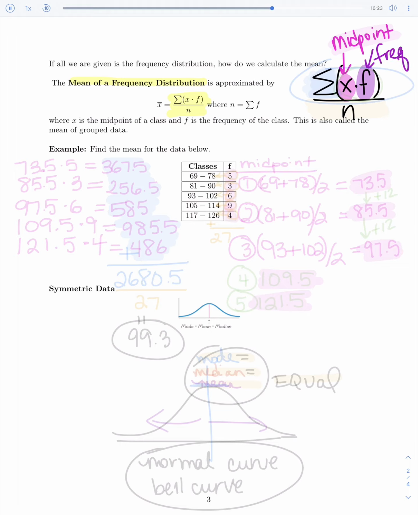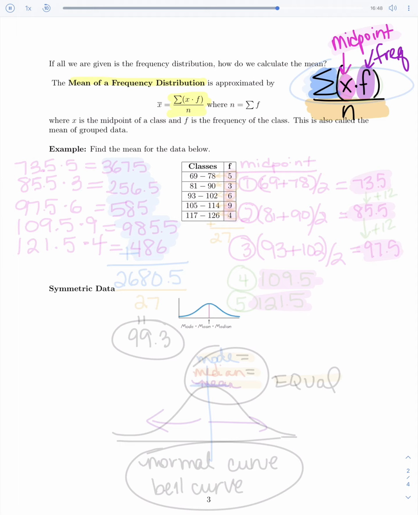Do that for each class. Then remember that the fancy thing out in front, this guy, tells us after you do that to add them all up. Then when you're all done, they want you to divide by however many things you had total. That makes sense because it's a mean.